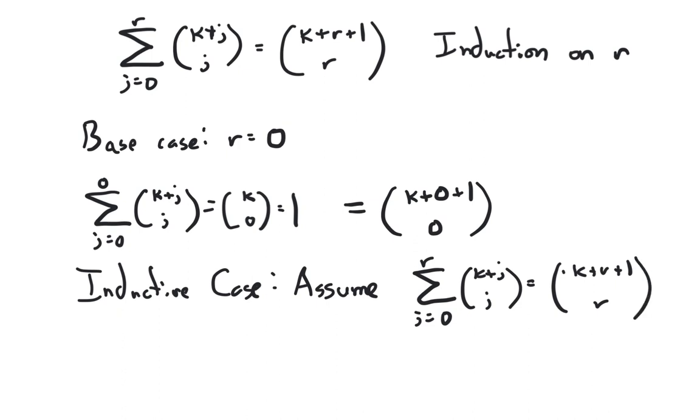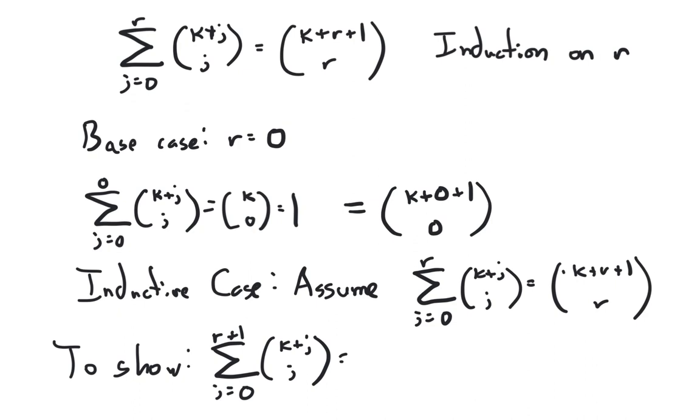So let's say it holds there, and we want to show that it holds for r plus 1. We want to show that if we replace r by r plus 1, it holds. So it's going to be k plus r plus 1 plus 1, so k plus r plus 2, choose r plus 1. So that's what we want to show.